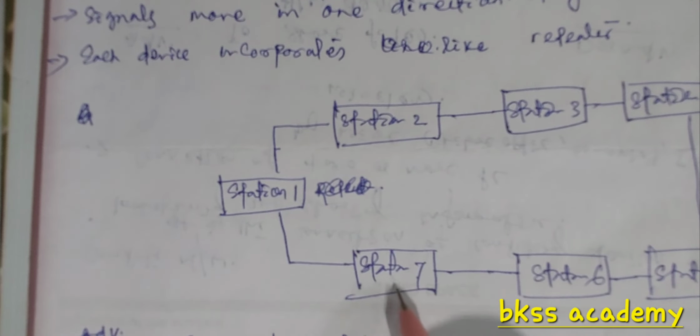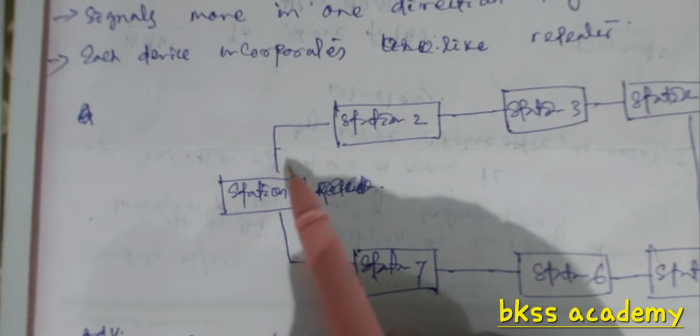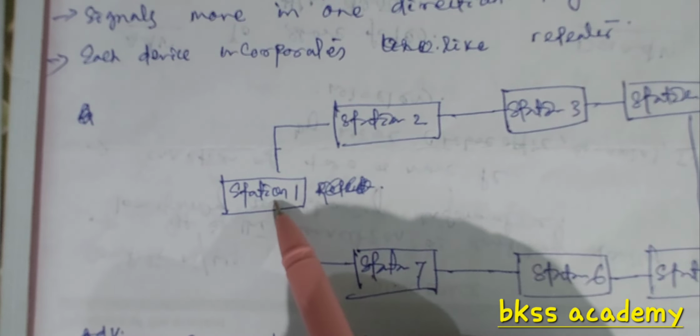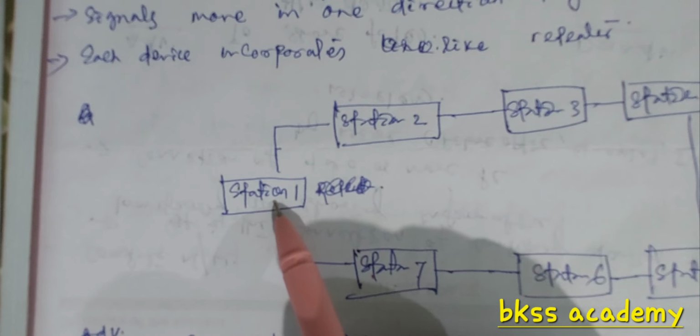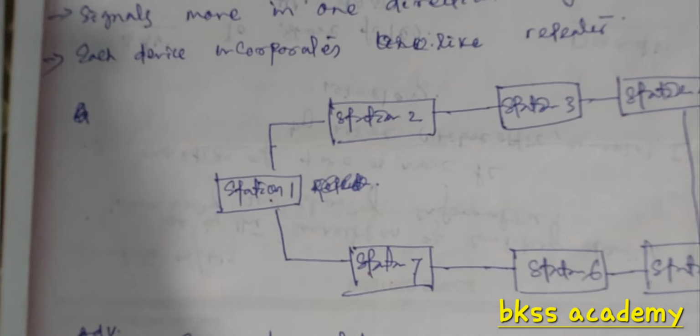Every station is connected to the adjacent station on both sides. Each station acts like a repeater when the signal is passed to the other system. If any data is lost at a particular location, that station will try to regenerate it.